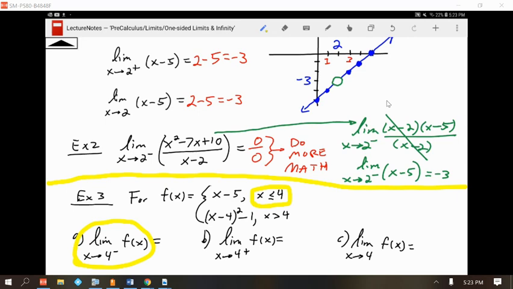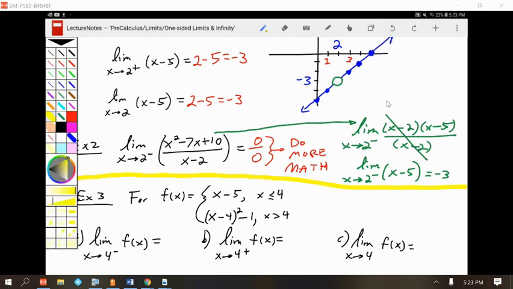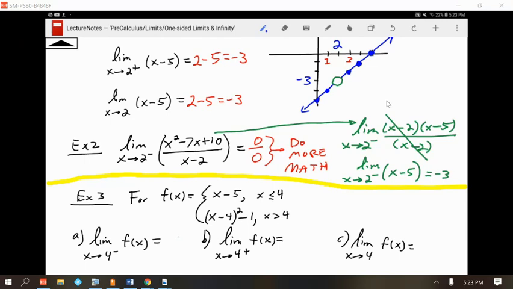So when I ask you, what's the limit as I approach 4 from the left, you're only using the top piece. The top piece is x minus 5. Oh, that looks familiar. We had that earlier. And so what is 4 minus 5? That's negative 1.